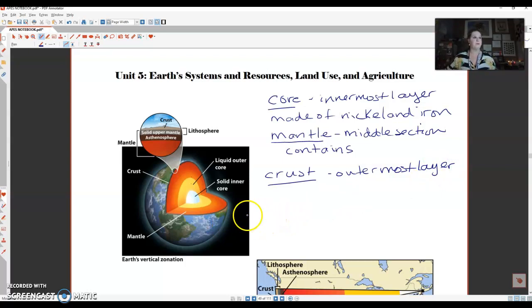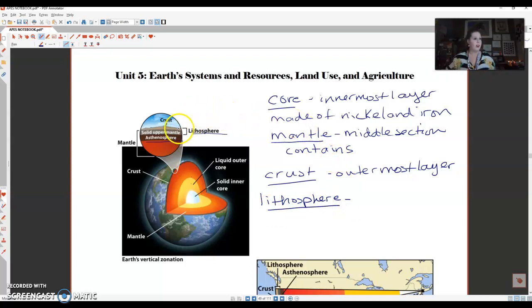All right, now there's a couple specific layers that we're going to throw into this that you guys need to know about. The first one, if you look at this picture right here, is what's called the lithosphere, and the asthenosphere. So the lithosphere, if you look at the picture, what does it look like it is?